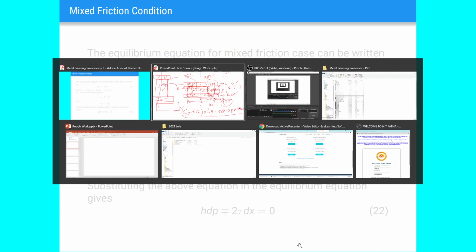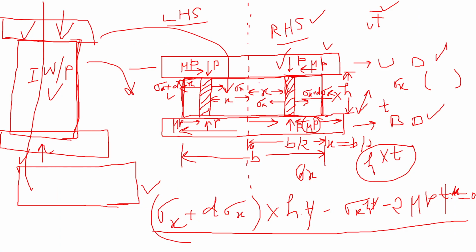So in this particular case, you may have very high sticking friction at the center, that is in the inner region, and however you might be having very low friction at the outer region of your forging operation. So you may have low friction condition at the outer edge, and high friction condition at the center, in the inner region of your forging operation.